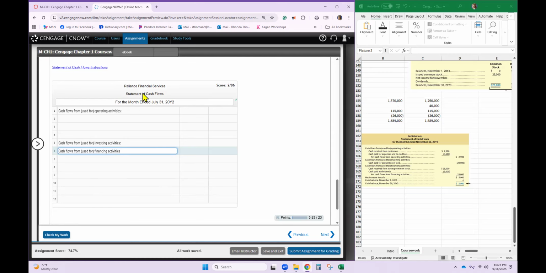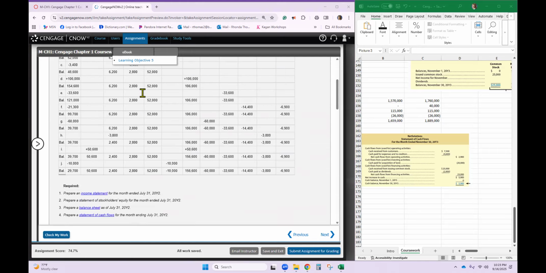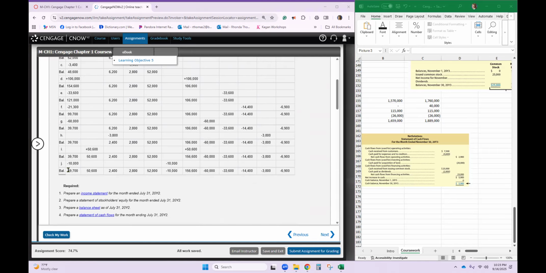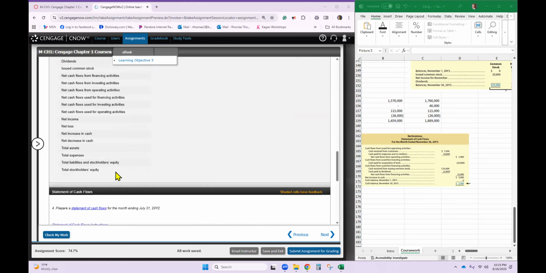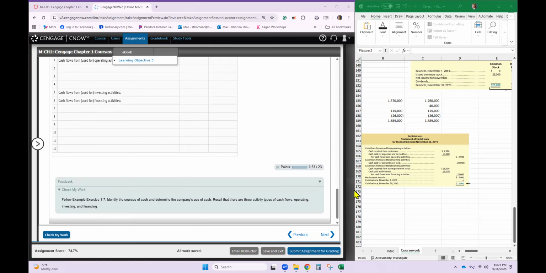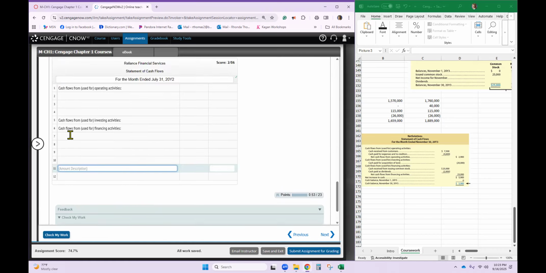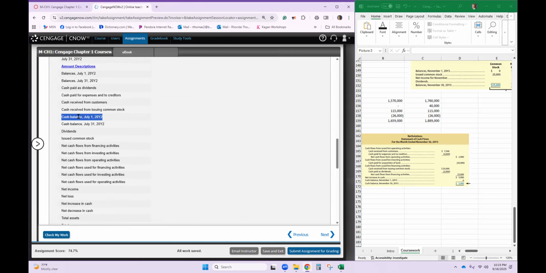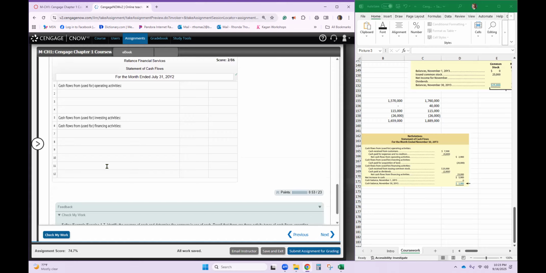We're going to go back up here and look at our grid and look at what cash had in the beginning. It had 0. So it went from 0 to 29,700. If you look at the bottom of the cash flow statement, it has November 1st. We're actually in July. So let's get cash balance as of July 1, cash balance as of July 31st.